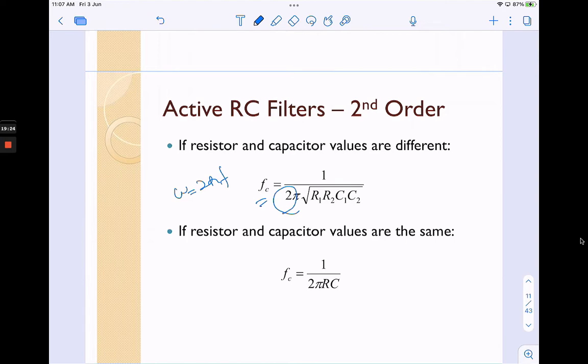So if the resistor and capacitor values are the same, meaning R1 equals R2 and C1 equals C2, we can simplify the cutoff frequency of the filter to fc equals 1 over 2 pi RC, or you can have omega c equals 1 over RC.